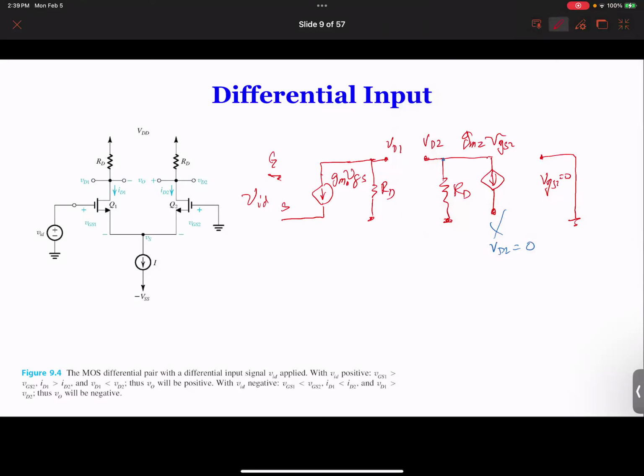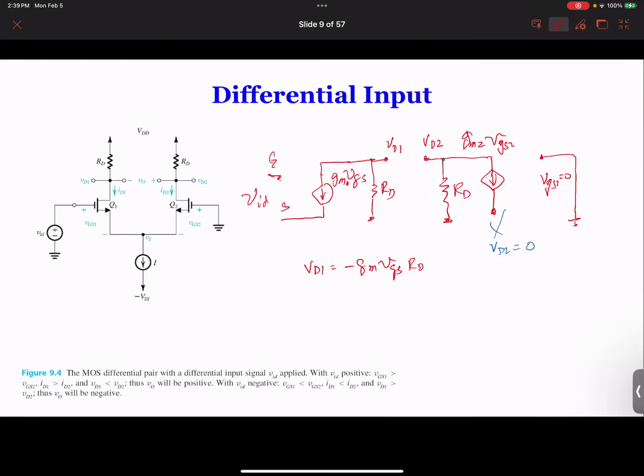And VD1, we can calculate it. VD1 is going to be minus GM times VGS times RD. And this VGS is equal to VID.